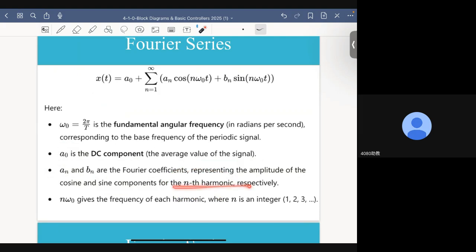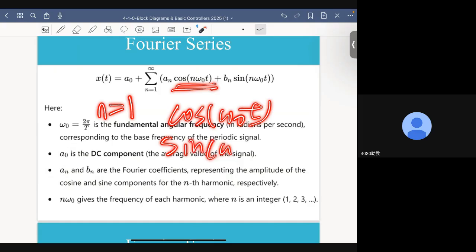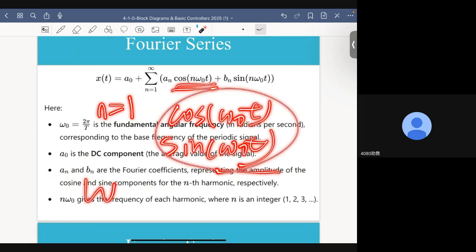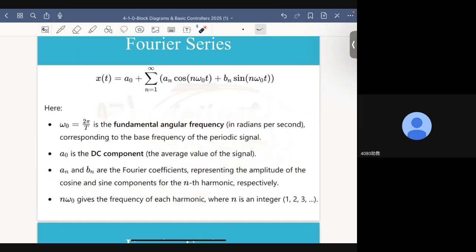So when n is equal to 1, we are dealing with cosine omega 0 t and sine omega 0 t, which are the frequency components located at omega equal to omega 0. And that is the first harmonic of this signal. And the second harmonic, of course, corresponds to A2 and B2. Okay, so that is how we conceptualize harmonics.